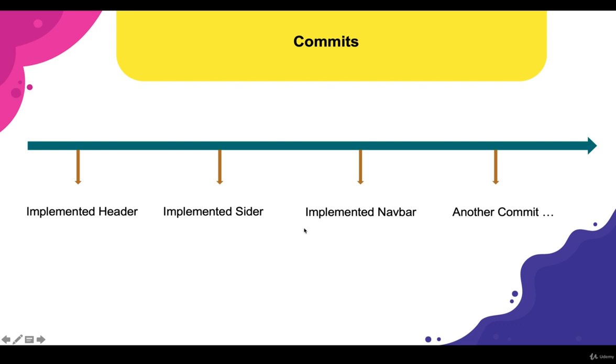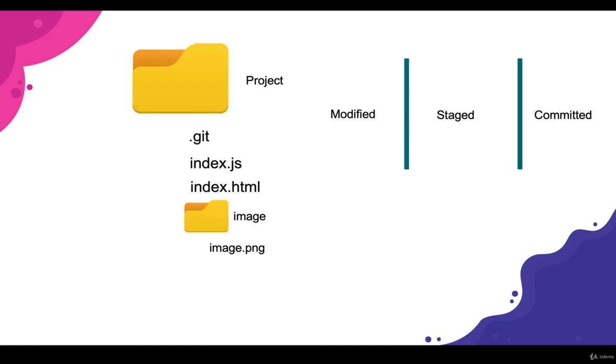All right, now, before creating a repo, I want to talk about these 3 different stages here. Okay, so we've got our project folder right here, and we want to make some changes. Let's say we have changed the index.js file. Those changes are going to go into the modified stage right here. Now they're modified, but they're not ready for committing yet.